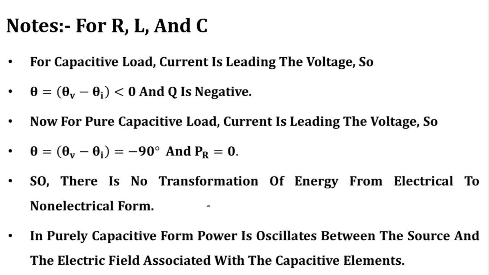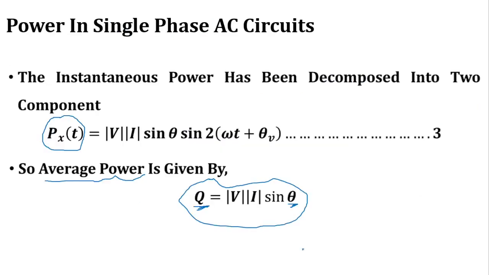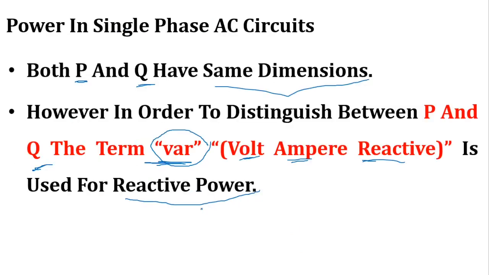Now consider the capacitive load. In the case of a capacitive load, current is leading. So theta is less than 0. Now if theta is less than 0, if you put a negative angle in sin theta, then this term becomes negative. So Q becomes negative.